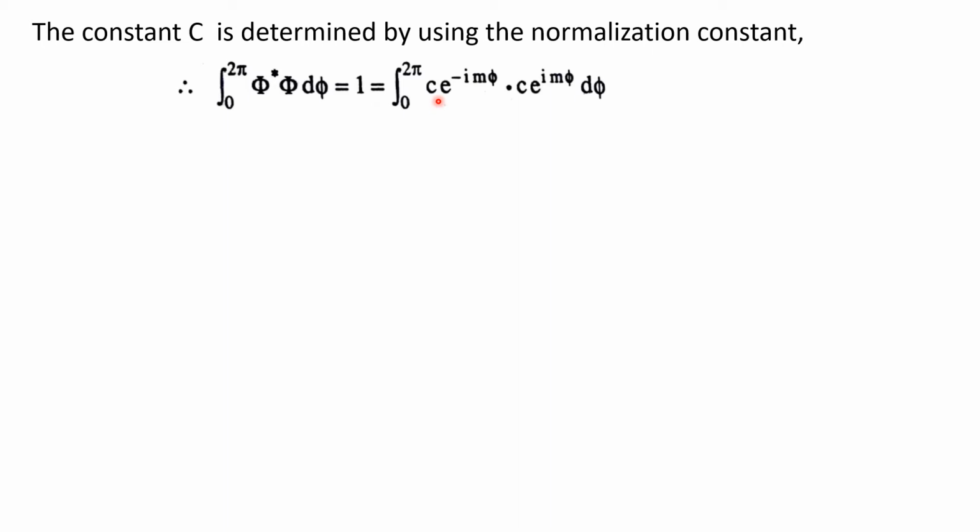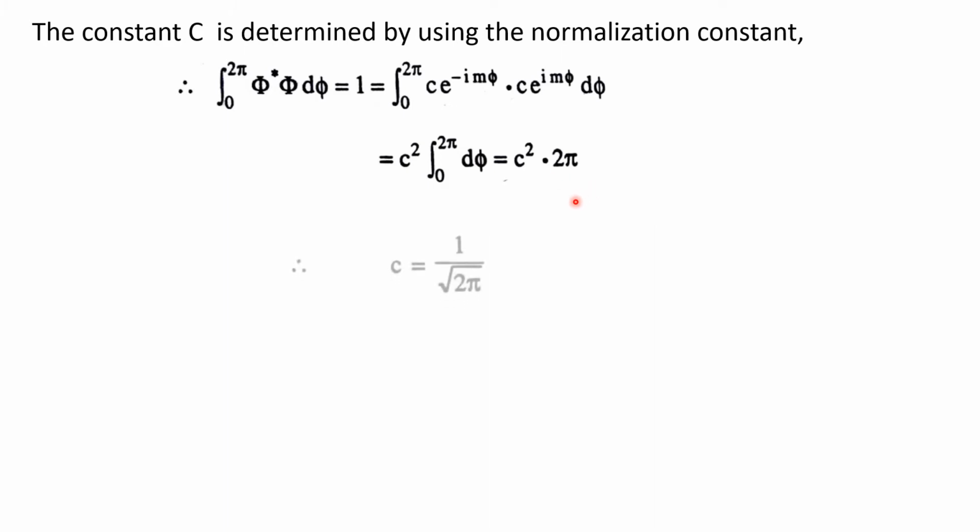We take the c square outside of the integration. Exponential minus term and exponential plus term becomes 1. Therefore, integration of d phi is equal to 2 pi, since limits are from 0 to 2 pi. Hence we get the value of the integration phi star phi d phi equal to c square into 2 pi.